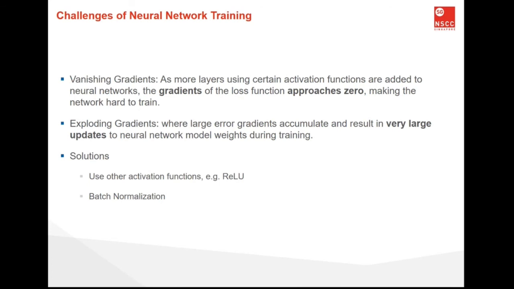One simple solution to vanishing gradient and exploding gradient is to use other activation functions, such as ReLU, which doesn't cause a small derivative or large derivative. Another way is to use batch normalization, which normalizes the input x so that the derivative won't be too small.